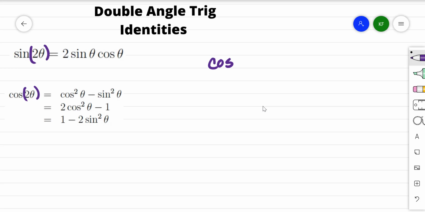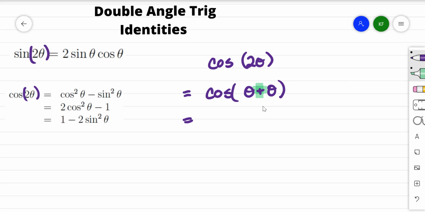Let's see, so cosine of 2 theta, you know and I know that this is the same thing as cosine of theta plus theta. And then we're writing out the formula just to point out the signs are opposite when you're doing cosine. So just reminding you how that works.